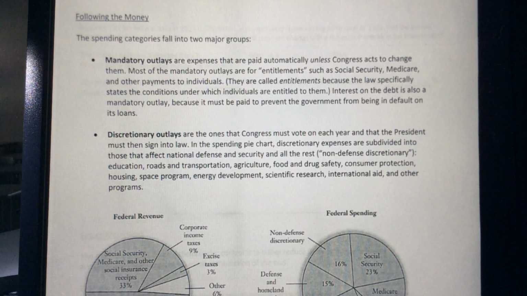In the spending pie chart, discretionary expenses are subdivided into those that affect national defense and security and all the rest. That's non-defense discretionary: education, roads and transportation, agriculture, food and drug safety, consumer protection, housing, space program, energy development, scientific research, international aid, and other programs.